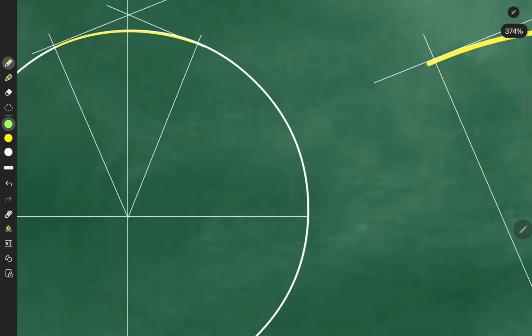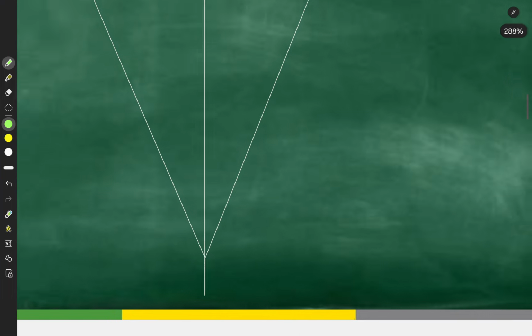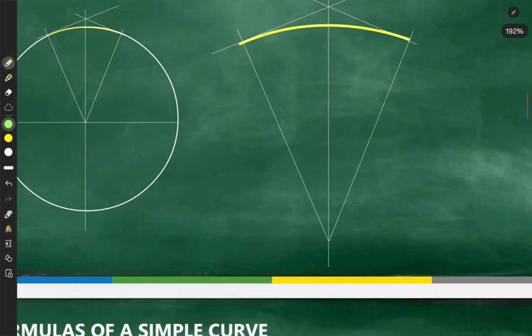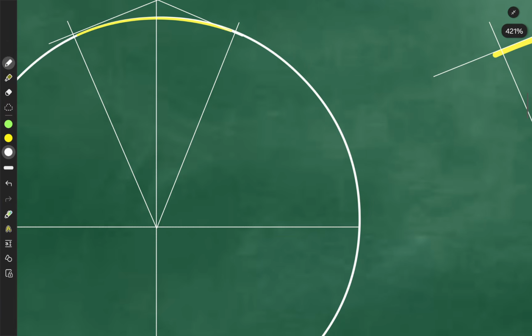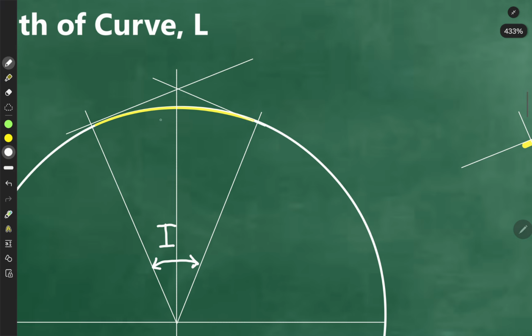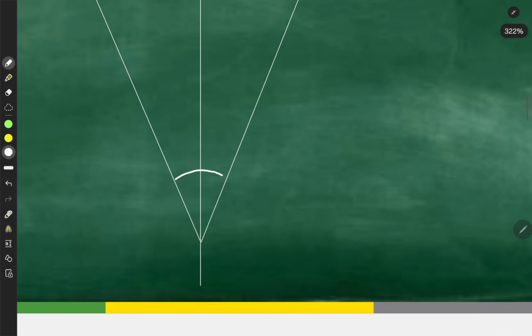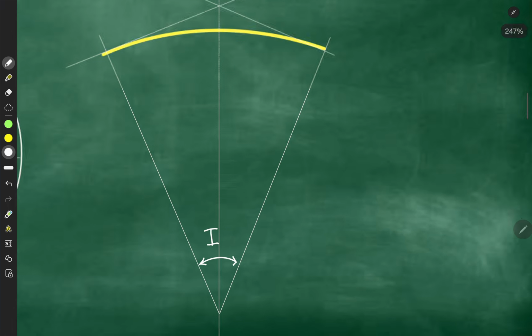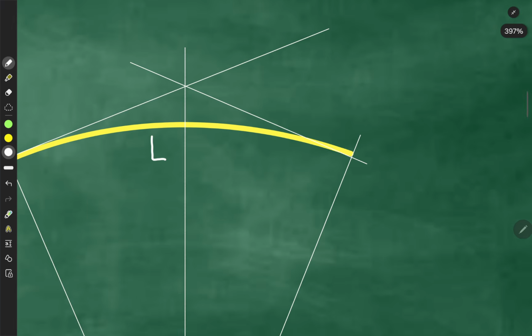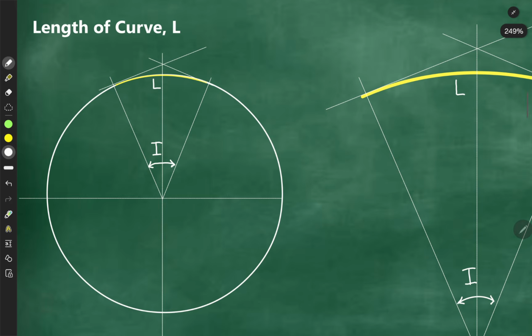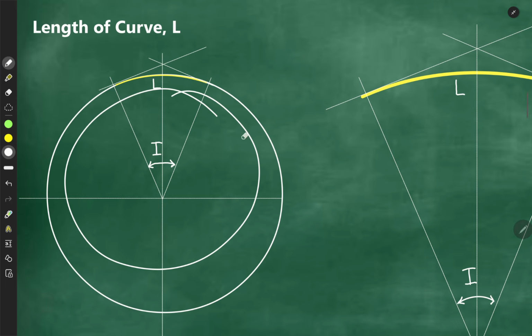So ang tawag natin dito kanina, di ba, this is just I. This is our central angle. And this is our length of curve. So ito na rin yun. This is also our length of curve. So erase ulit natin to galing dito sa ating circle. Okay?